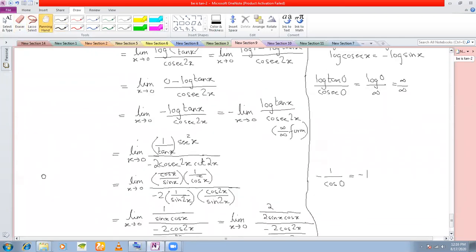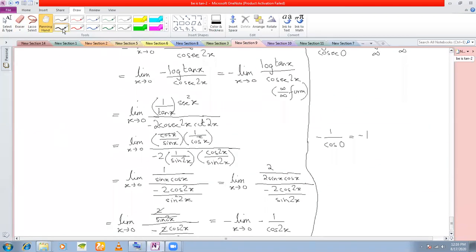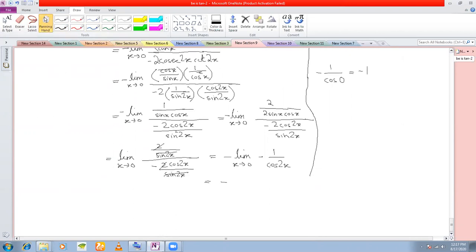Just check. Yes, I'm forgetting to write all the minus signs. We had a minus sign throughout here. And this is what? Minus of minus 1, which is plus 1.